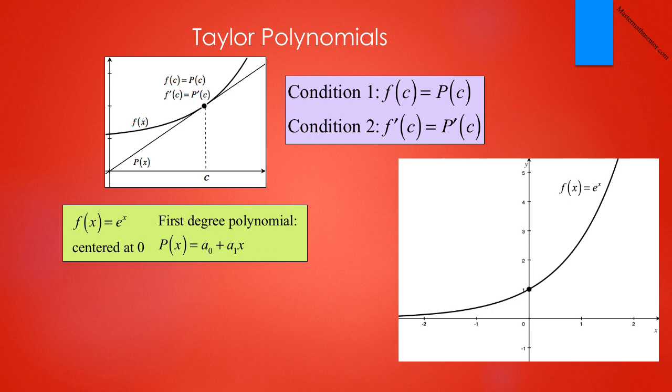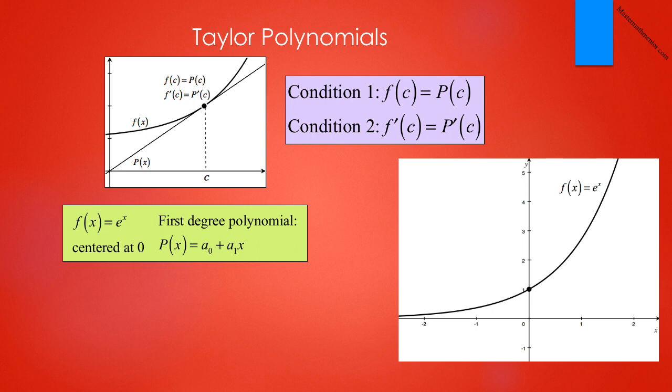We are going to call this p of x equal to a1 x plus a0, which of course is a line. And we would like its value and slope to agree with the value and slope of f at x equals 0.